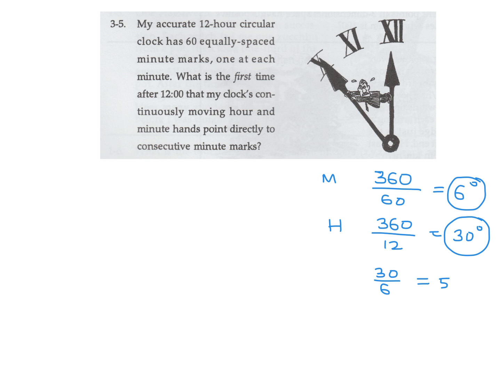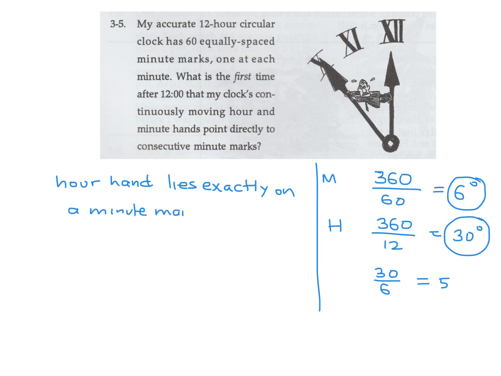But let me see if I can explain it in a sentence. So the hour hand lies exactly on a minute mark every 6 degrees. So I'll draw a little diagram.